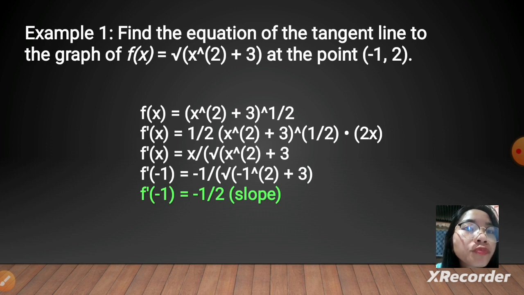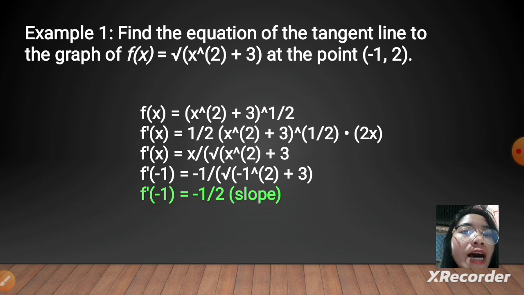Then, in finding the derivative, we multiply the exponent to the coefficient of the equation. So we have 1/2 quantity of x squared plus 3 raised to -1/2 times 2x, which is the derivative of the expression inside the quantity.